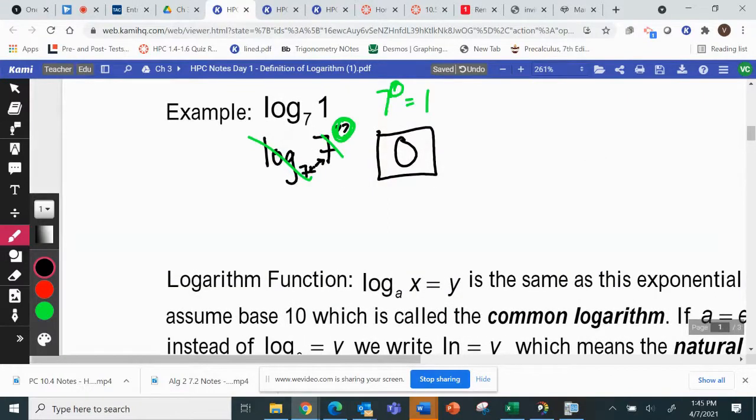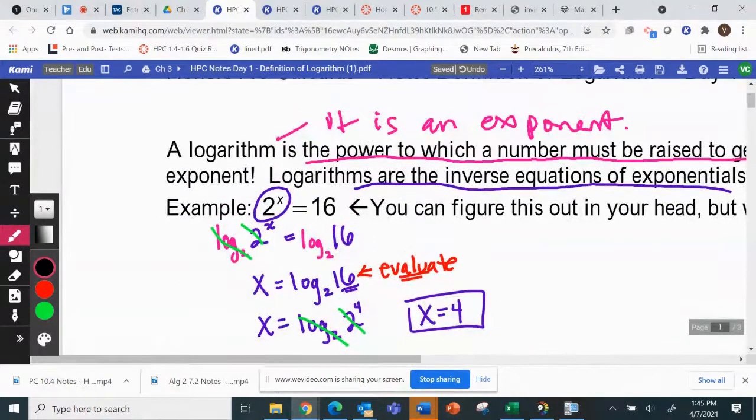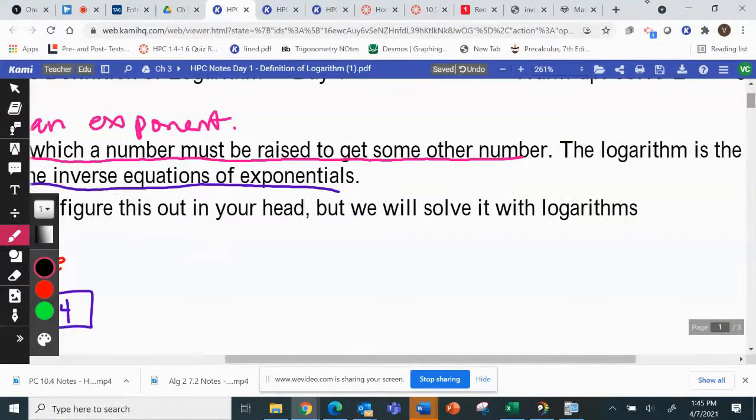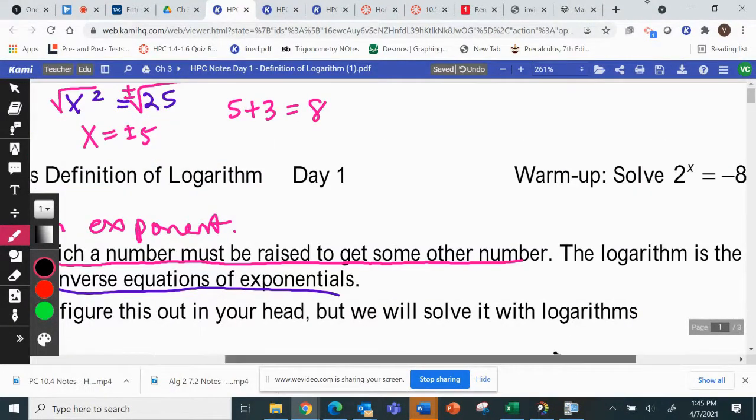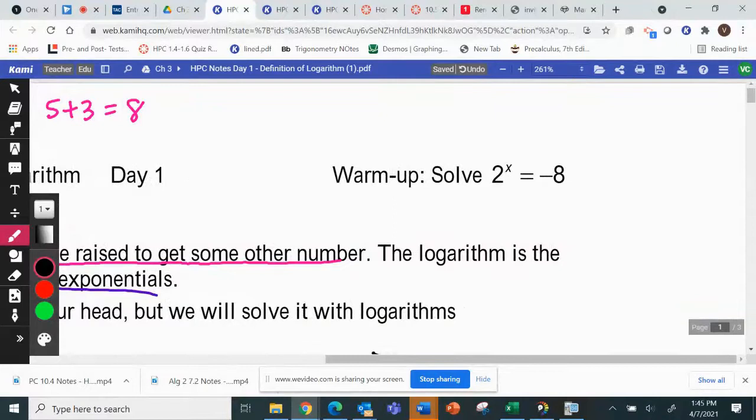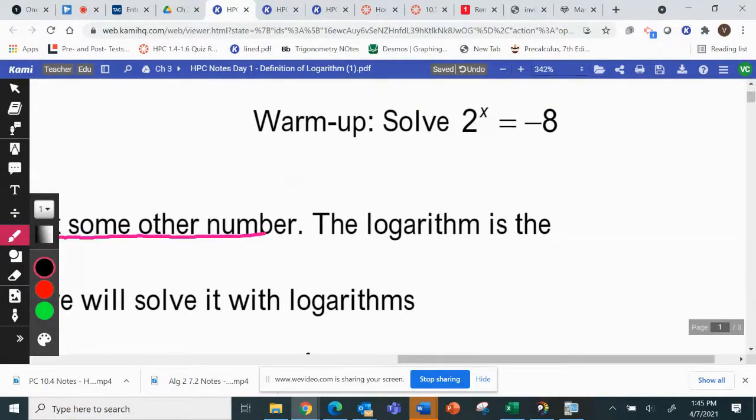Now I'm going to go up and do that warm up that I skipped before. Or we are going to go up and do the warm up. So now you don't need to use logarithms for this, however you could. But can anybody figure out what the exponent is that makes this true?